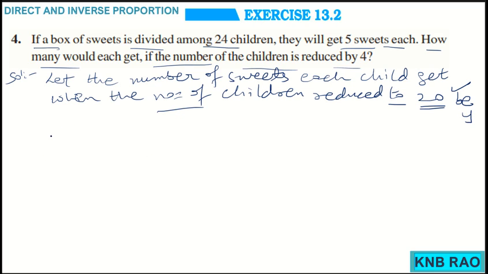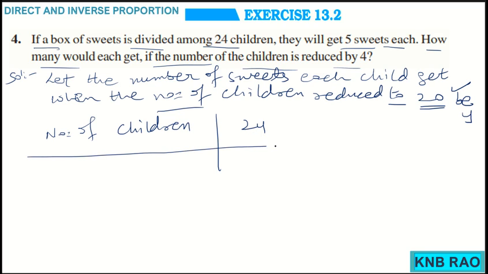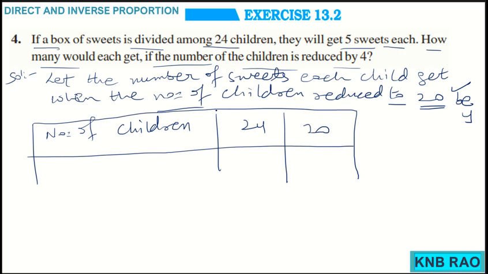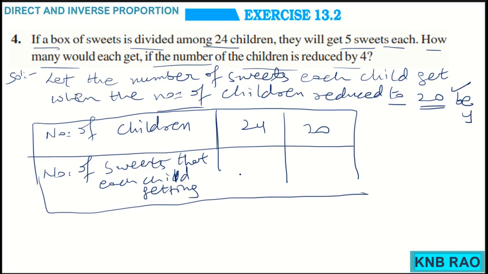Now I am taking the number of children 24, 20 as x1, x2, and the number of sweets that each child is getting as y1, y2, where y1 is 5 sweets that each child gets when 24 children were there.